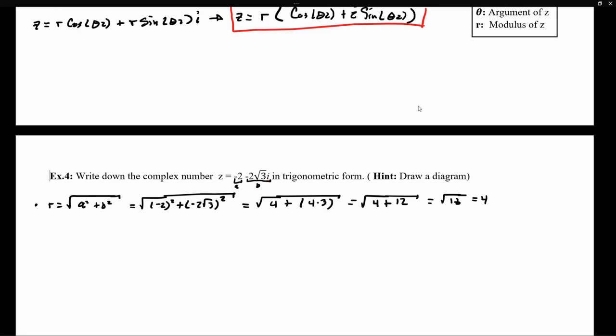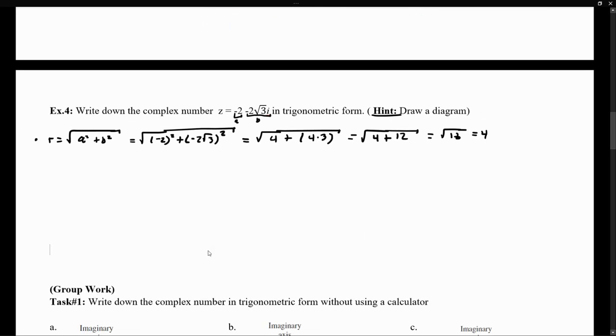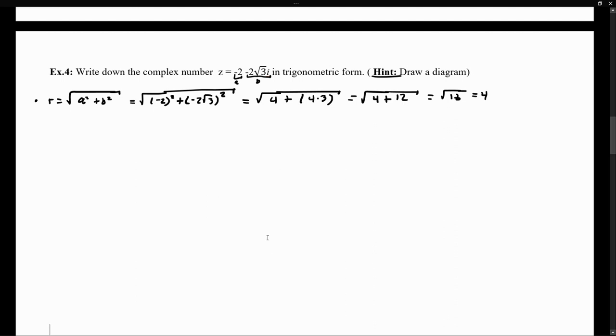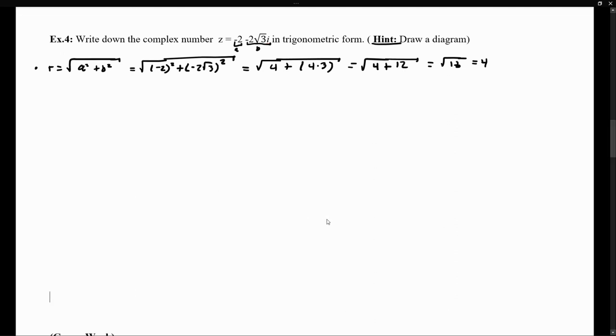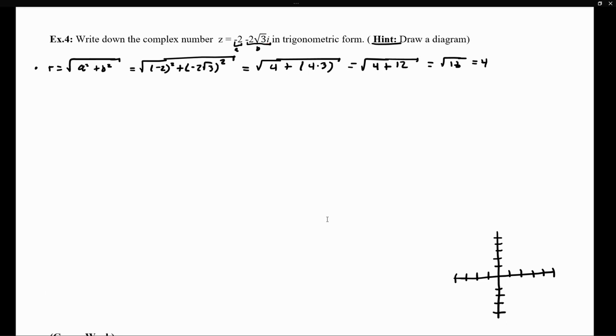Let's give a visual representation, because that's actually our hint. Our hint is to draw a diagram. Let's understand what exactly we are doing here. I'm going to draw my diagram here on the bottom. Okay, so this is my diagram. Where exactly is this point that we're trying to graph?